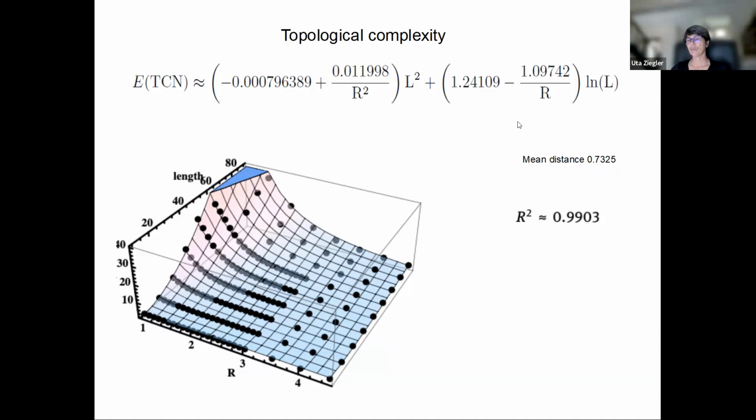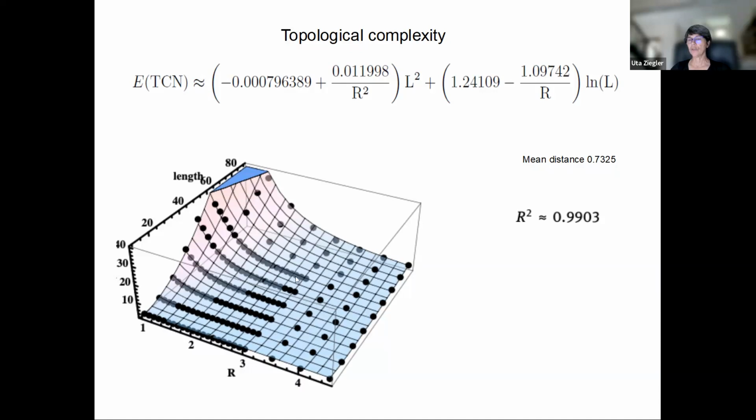The latter part is more for making the fitting quite right, but the L squared we see repeatedly in the topological crossing number. We see it for the ACN, and we see it for the squared writhe. Basically, all of those for the spherical confinement can be modeled inside the strong confinement with an L squared kind of function.